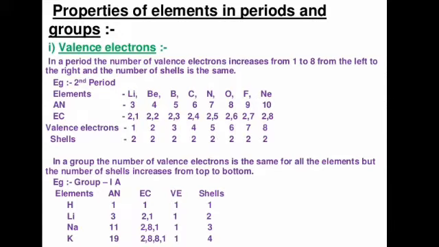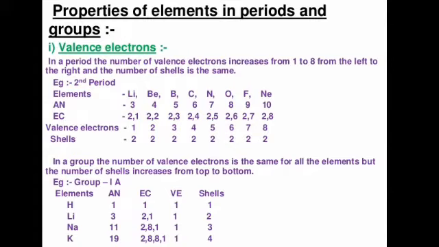For example, if we take the second period, the elements lithium, beryllium, boron, carbon, nitrogen, oxygen, fluorine and neon all have valence electrons of 1, 2, 3, 4, 5, 6, 7 and 8. As the shell number remains the same, the valence electrons increase by 1 unit.